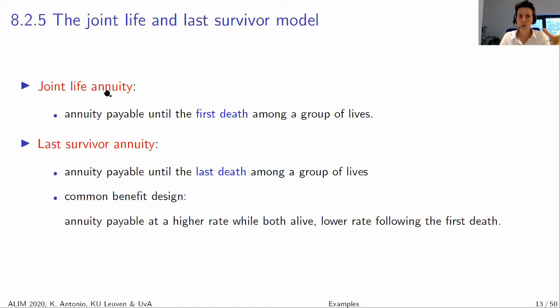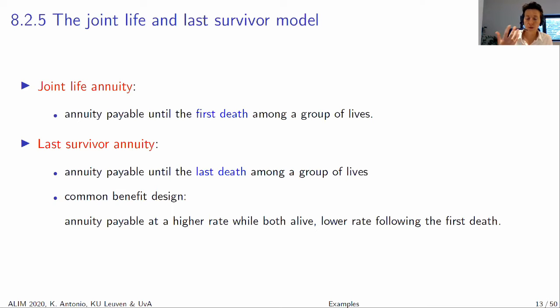Now think, for instance, about a joint life annuity. That would be an annuity product that pays you a certain income as a couple until the first death occurs. So that annuity goes on until the first death.